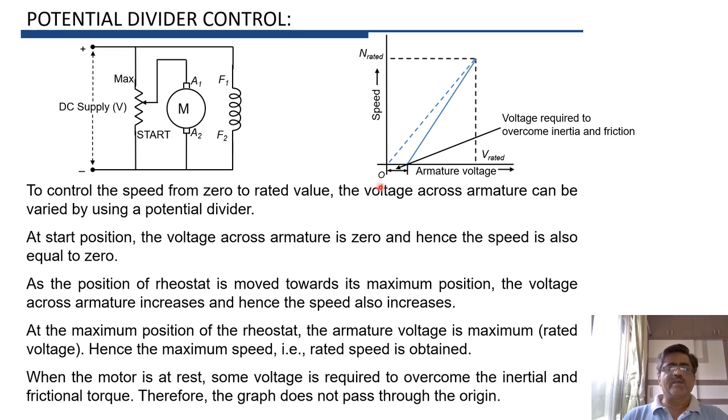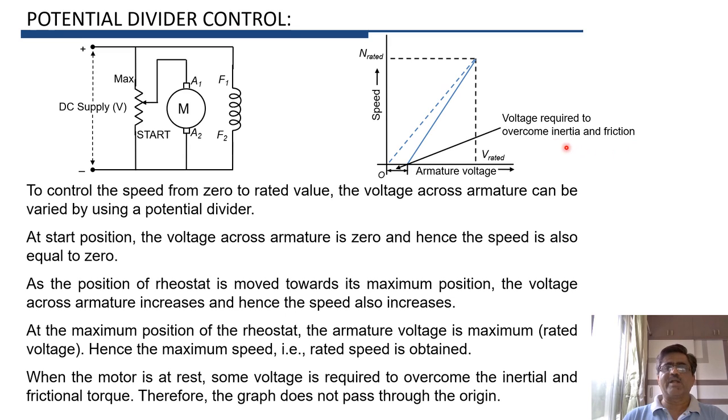Then second thing you have to note is, ideally the curve should be like this dotted line, but practically it is according to this solid line, because some armature voltage is essential to overcome inertia and friction.